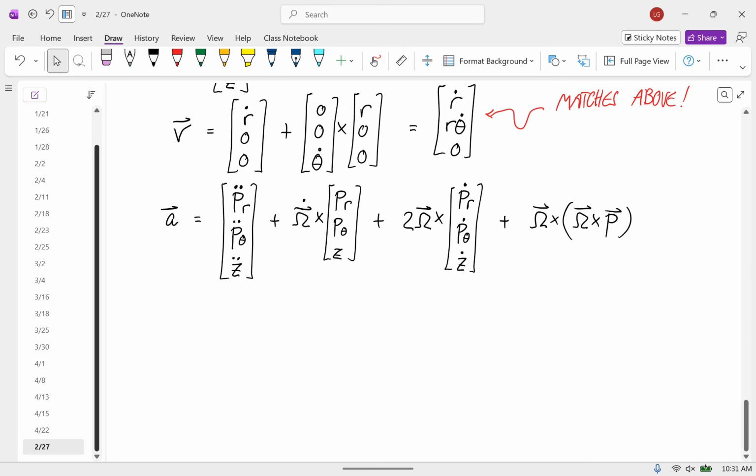Okay, and now we want to calculate these. I think this is always a good way to go. Once you write down this equation, just go through and get all the individual vectors that you need, and then you can just plug them in. You need some sort of bookkeeping strategy because it's messy. So P_r double dot, P_theta double dot, Z double dot.